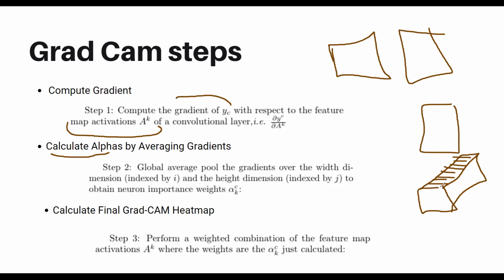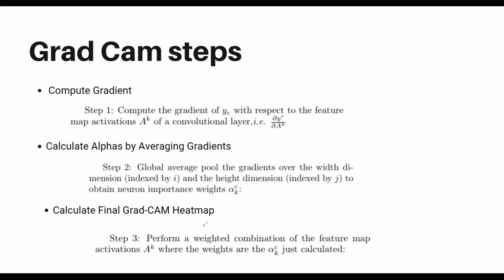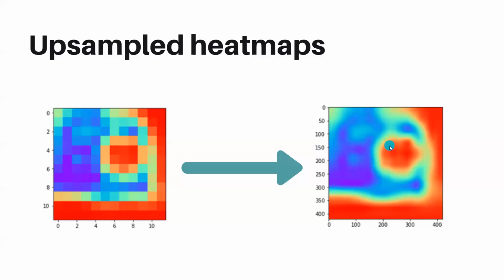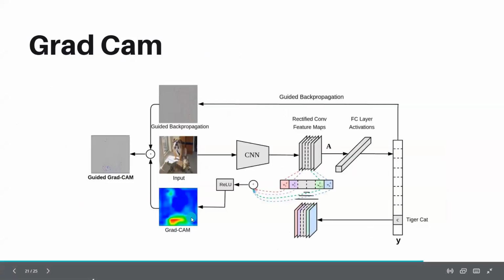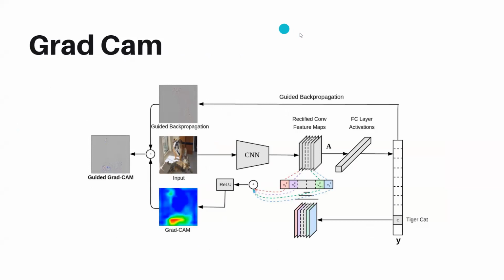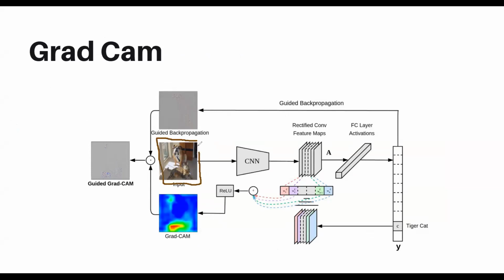And what we do is, for each one of these gradient channels, we take its average over the whole image, and then we use that average as the weight to combine the different feature map activations. And then after that, we just apply ReLU to make them a bit smoother, and ta-da, we get the beautiful GradCam. We get this.